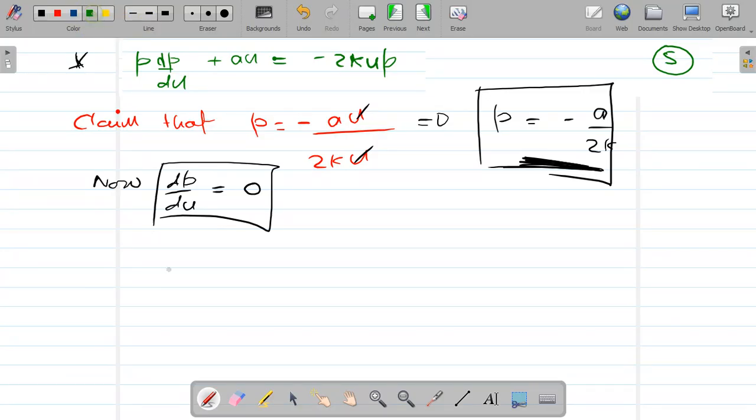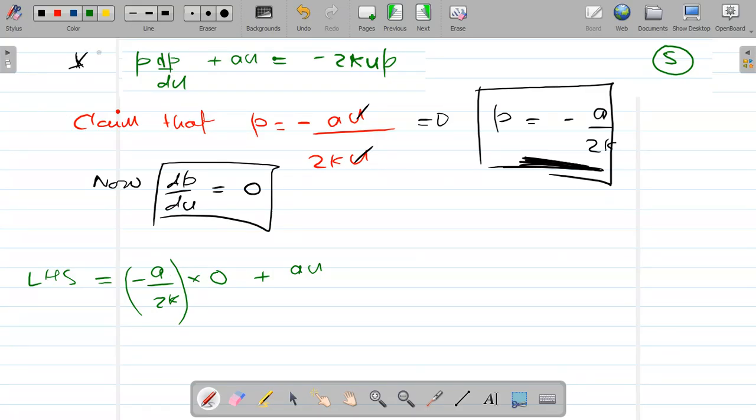So we'll go back to green. So we've got P, which is minus A over 2K, times dP by du, which is 0, plus AU. Well, that's the left-hand side, isn't it? So the left-hand side is equal to, this is the P term, and this is dP by du. So I'll just use my mouse because it might not light up when I use my pen.